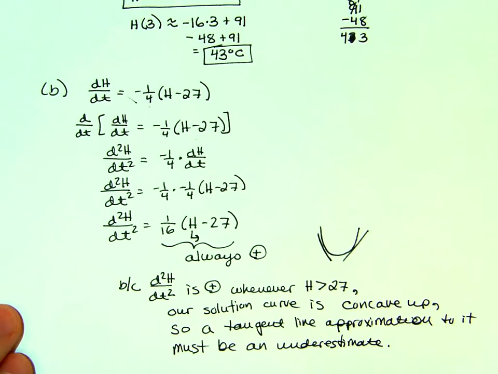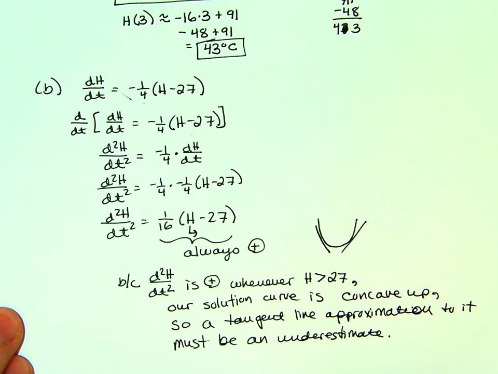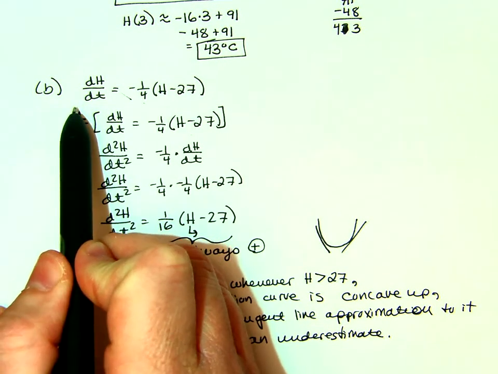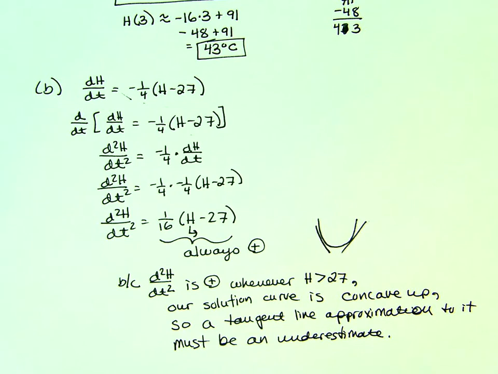In part C, normally with these problems, the part C would involve solving our particular differential equation over here, which I could solve by separation of variables. However, in this case, we were given a slightly different differential equation that we need to solve to finish this problem off.